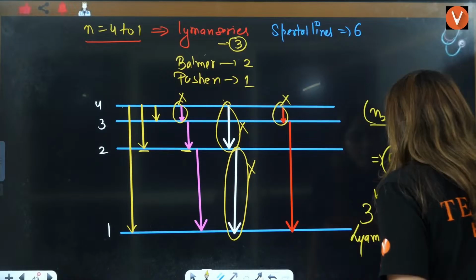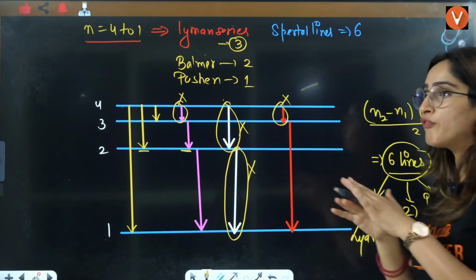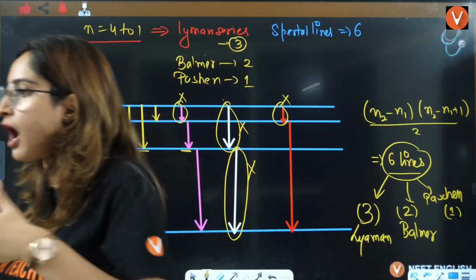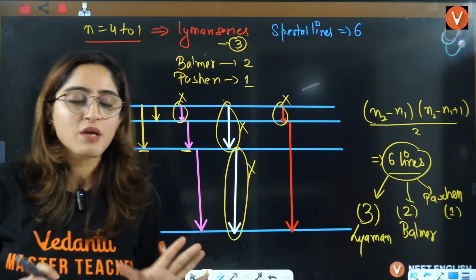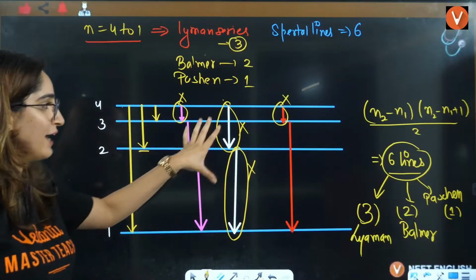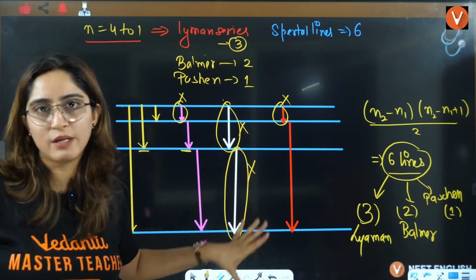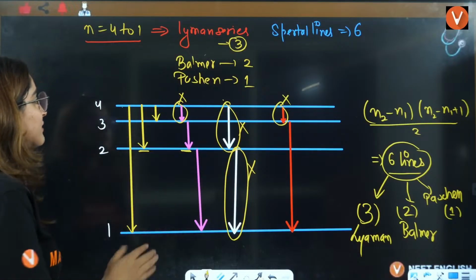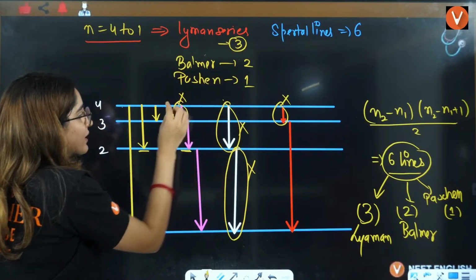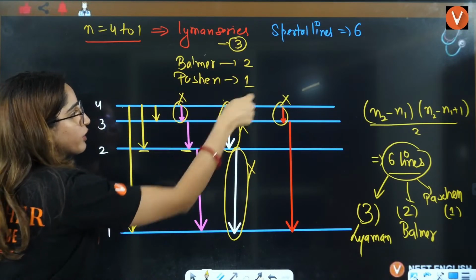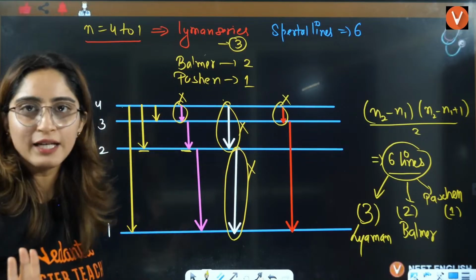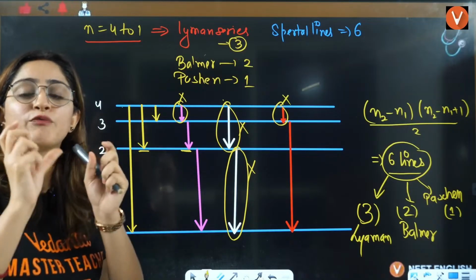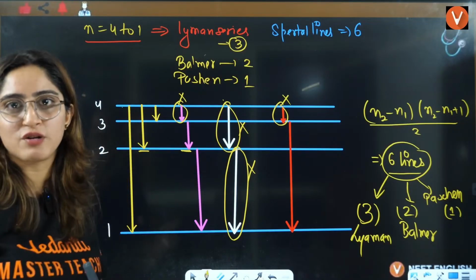So specific line means out of these 6 spectral lines, how many belong to Lyman, to Balmer, to Paschen? One way is to draw it and then tell which belong to Lyman, Balmer, just like I showed you that these are the common lines, 4 to 3, 4 to 3, 4 to 3. So we will take only one, that is 4 to 3, because we are considering the type of spectral lines.